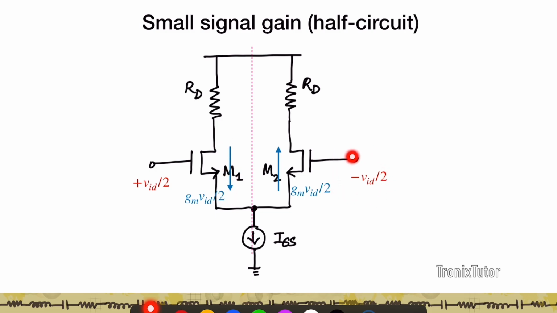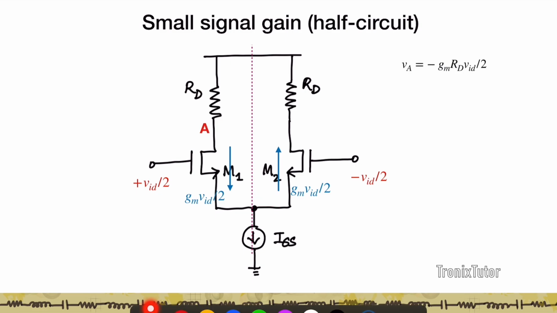However, because a negative voltage is applied to the gate of M2, a current gm times VID by 2 is going to flow upwards in M2. So in differential mode, the current flowing in M1 is downwards and the current flowing in M2 is upwards. So it's equal but in opposite direction.